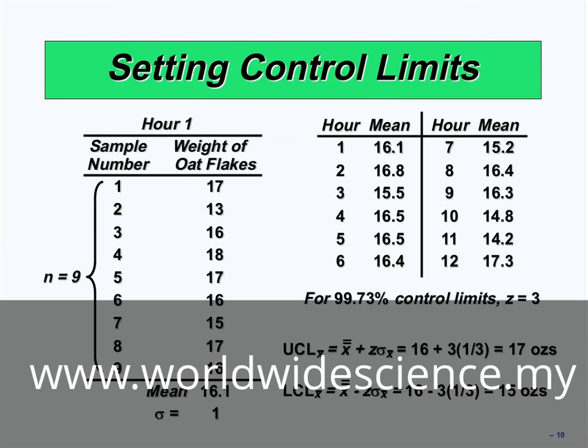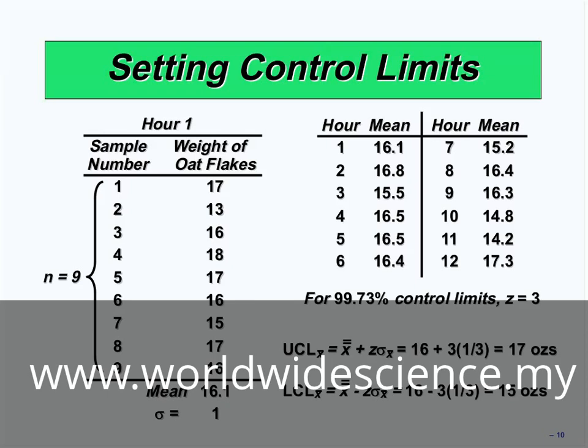For example, in hour 1, look at the table on the left. How much is the maximum number in this table in hour 1? Look carefully. Very good, 18. And how much is the minimum number? Very good, 13.